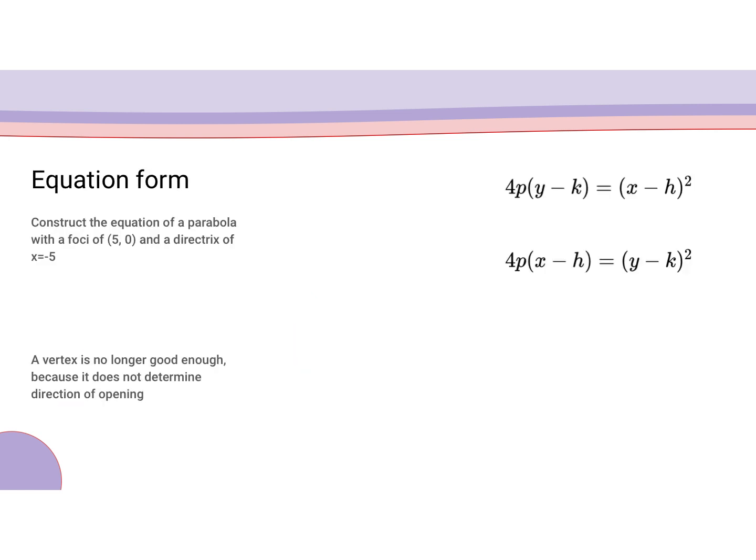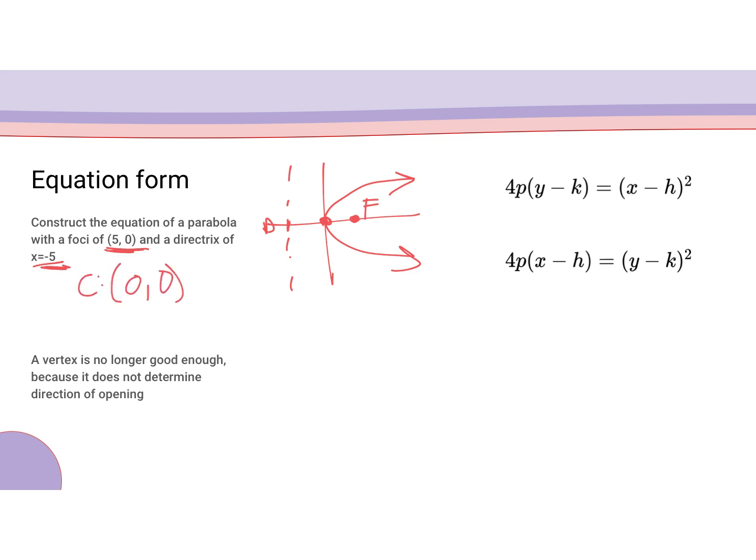Okay, let's build an equation. Let's say the focus is at 5 and the directrix is at -5. If the focus is here and the directrix is here, it makes sense that the parabola would open to the right, because it would be in the middle of the directrix and the focus. So we think about what's in the middle of 5 and -5.